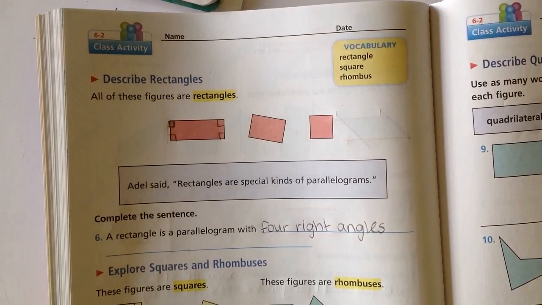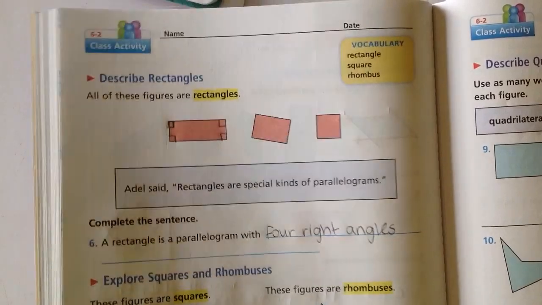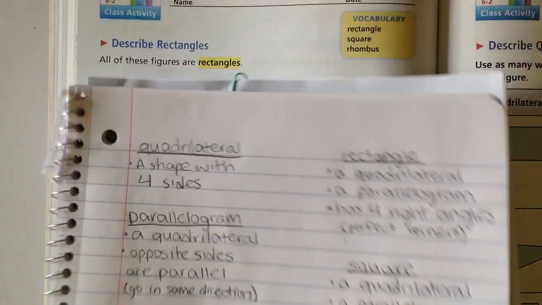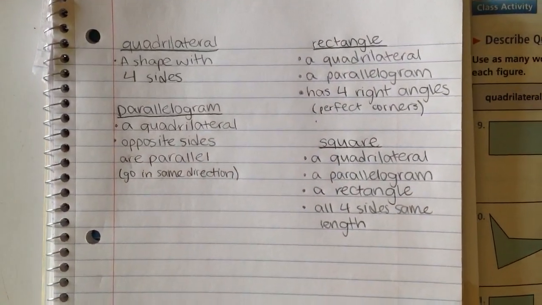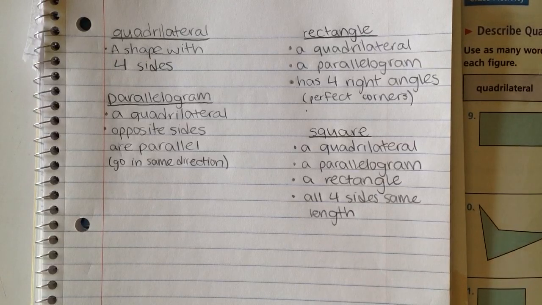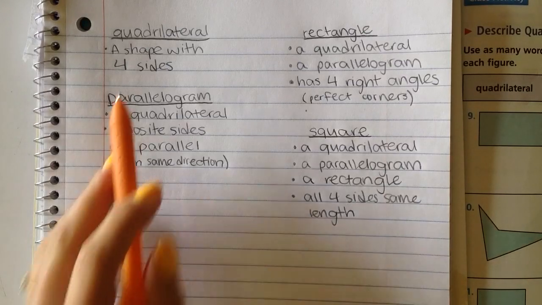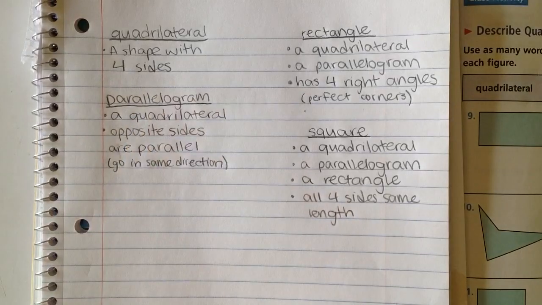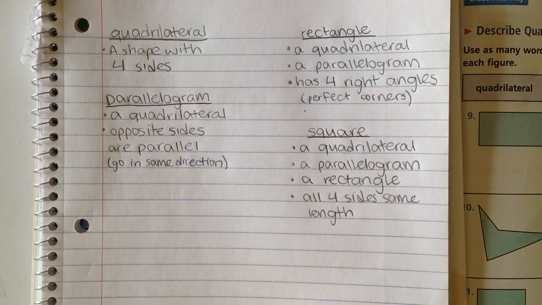I made a cheat sheet myself, which I'm going to put on the screen now. And this kind of covers the flow from the big idea down to a smaller idea. So a quadrilateral, any shape with 4 sides. So that's all the shapes that we've been talking about. I can call all of them a quadrilateral.